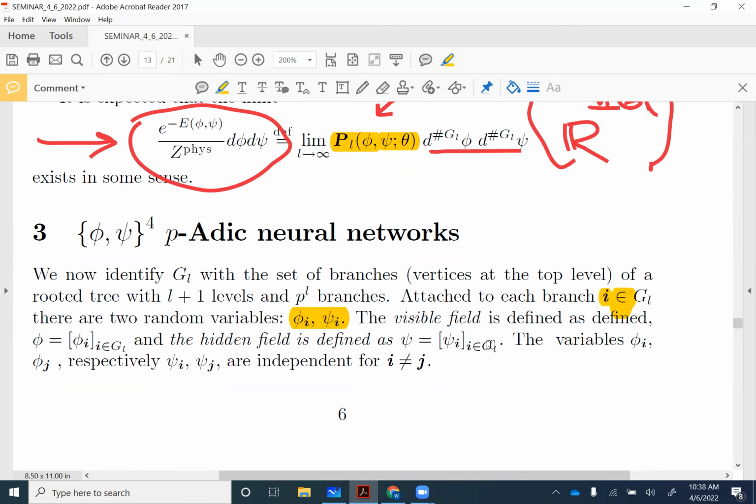This collection of random variables is the visible field, and this collection of random variables is the hidden field. The variables phi i, phi j, respectively psi i, psi j, are independent under this hypothesis. This is important.